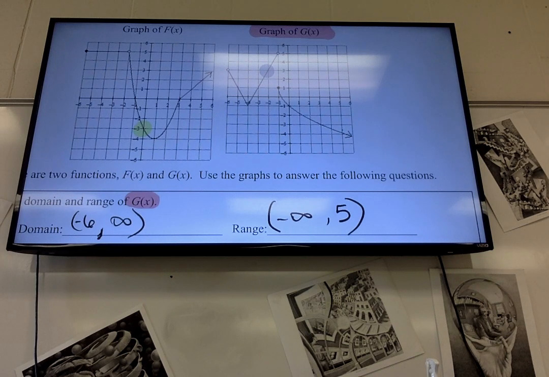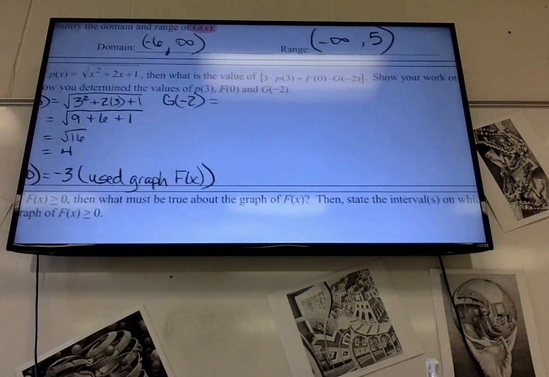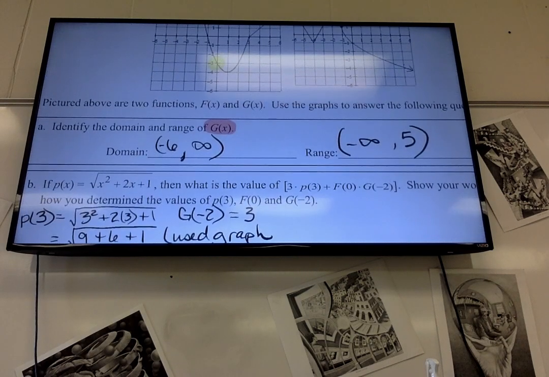Negative 2 is going up to 3. So it's at 3. Again, I use the graph of g of x. Questions? We good or no?